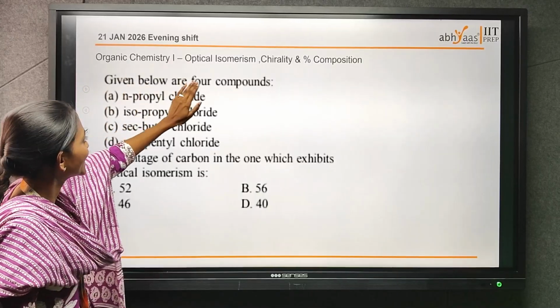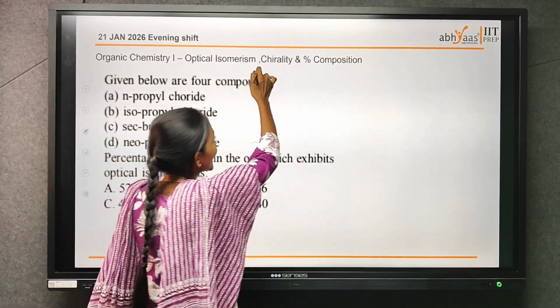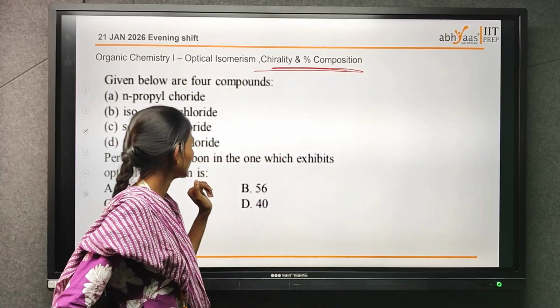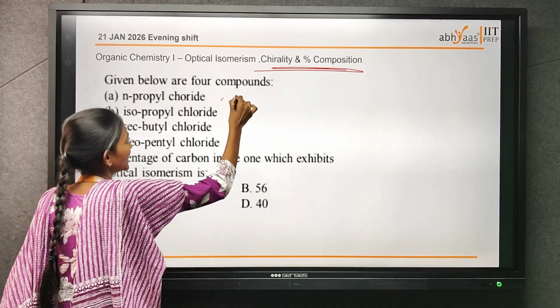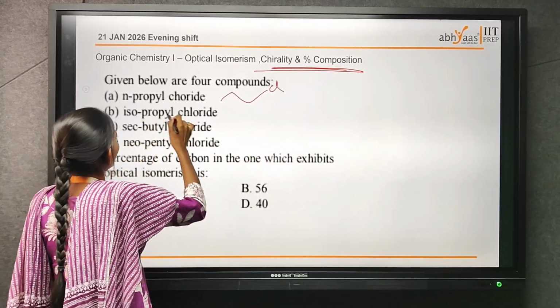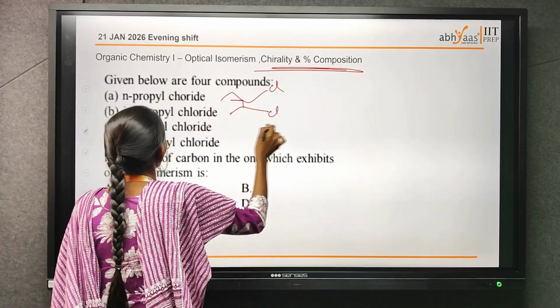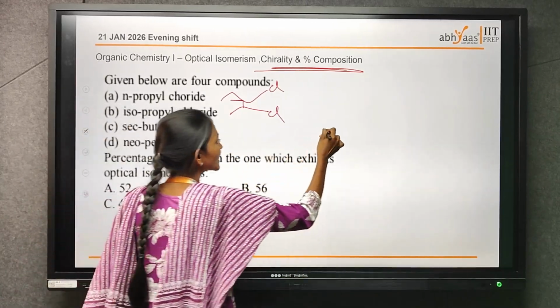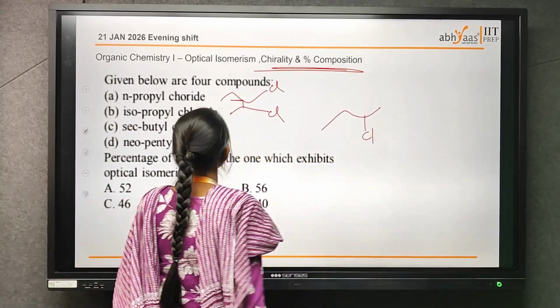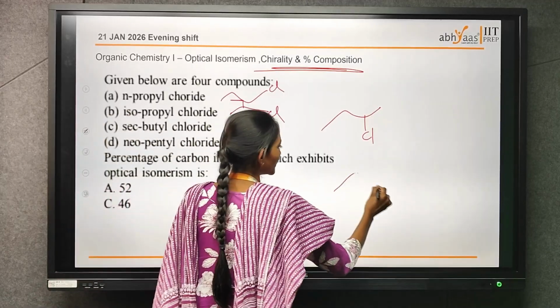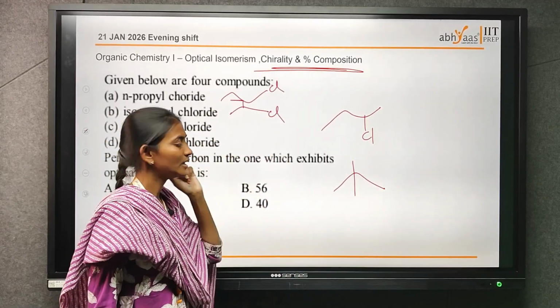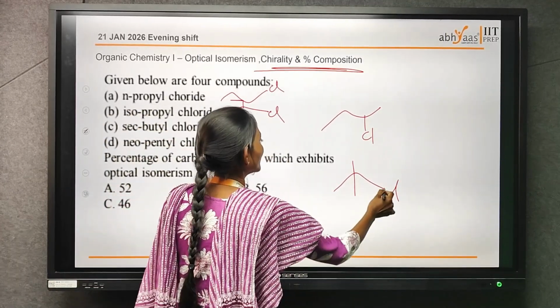And moving on to organic chemistry, optical isomerism, chirality. What are they asking? Chirality. So, n-propyl chloride, isopropyl chloride, butyl chloride, we are having secondary butyl chloride, neopentyl chloride. Coming to here, chirality.